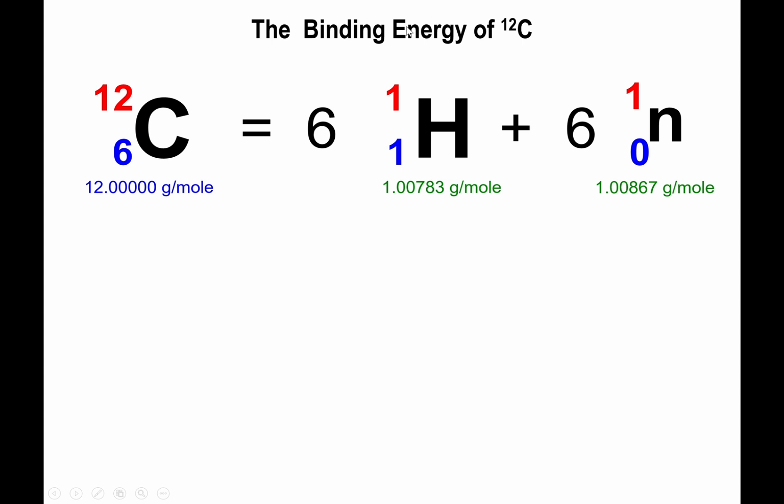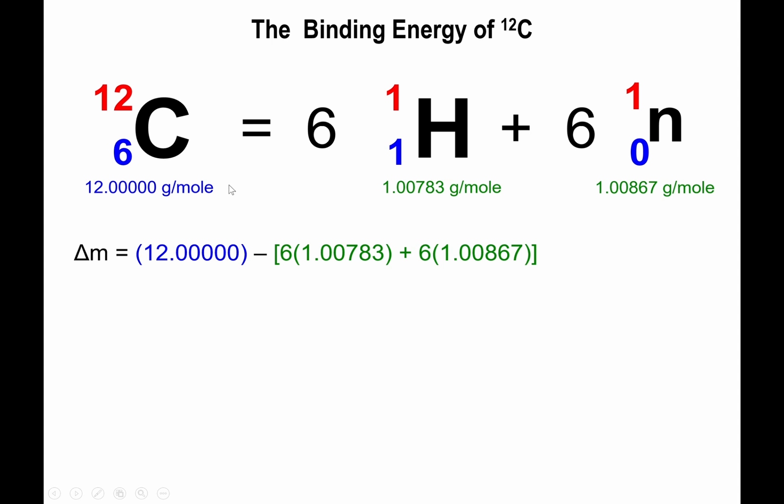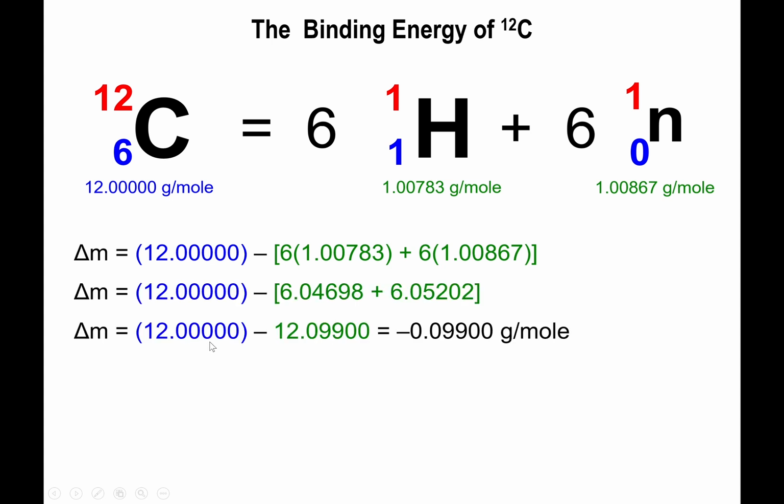If we try to find the binding energy, what we want to do is find the mass difference going from 6 hydrogens and 6 neutrons ultimately to carbon. So we subtract 6 times the mass of hydrogen plus 6 times the mass of the neutrons from the mass of carbon-12. We find a mass discrepancy of negative 0.999 grams per mole.